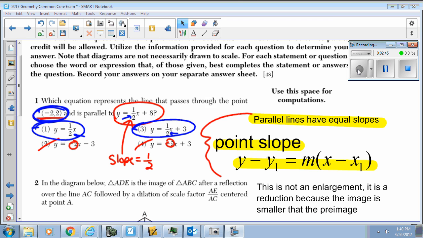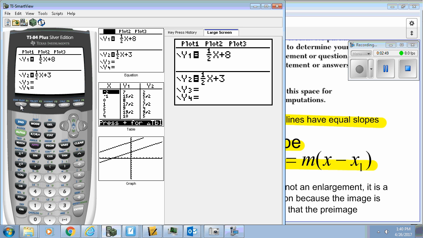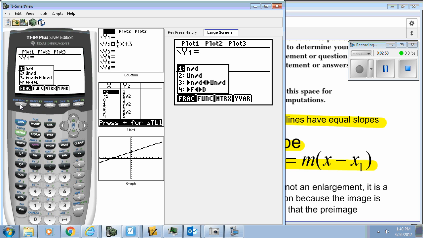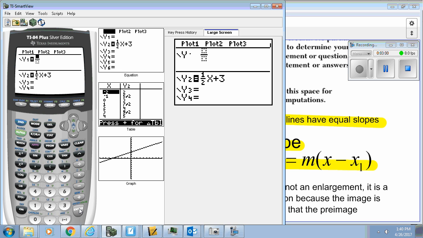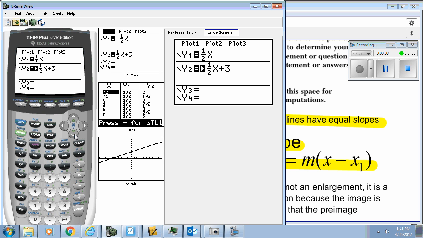So let's go ahead and put those in the calculator. All right, so my first one is 1/2 x, and my next one is 1/2 x plus 3.